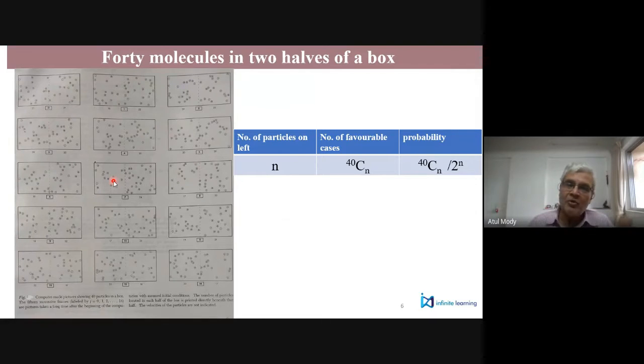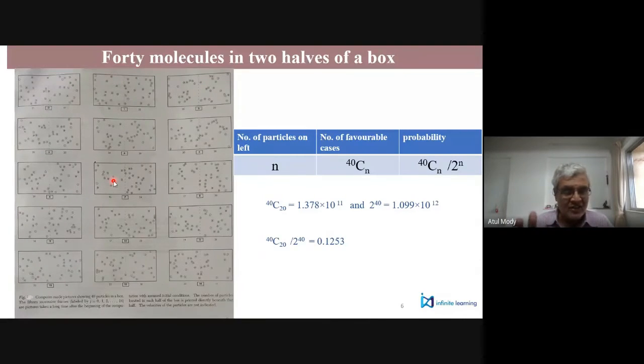So if I look at the probability of half of them on the left and half on the right, then 40C20 is 10 raised to 11, and 2 raised to 40 is 10 raised to 12. And that means there is a 12.5% probability that half of them are going to be on the left and half on the right.